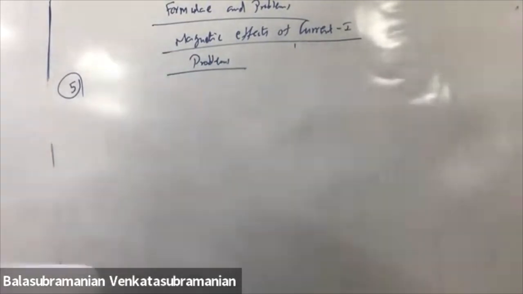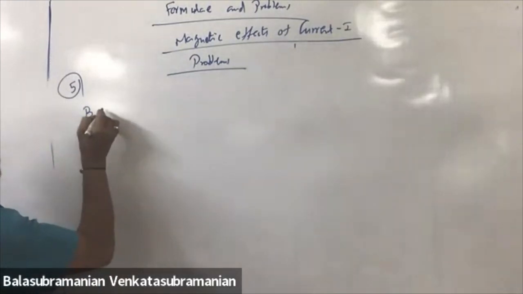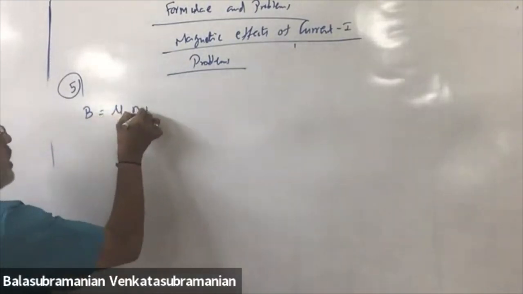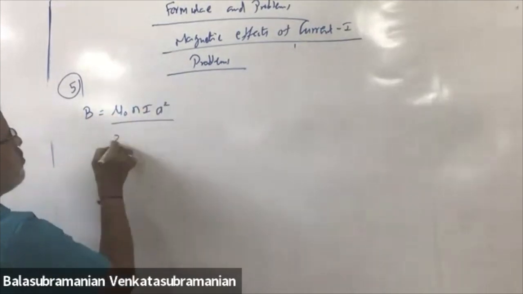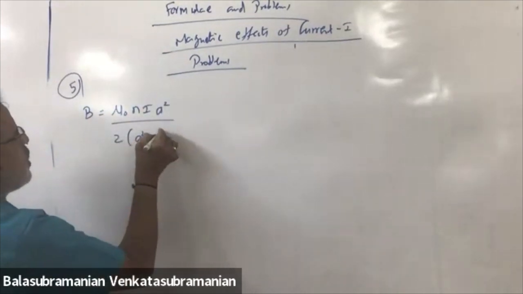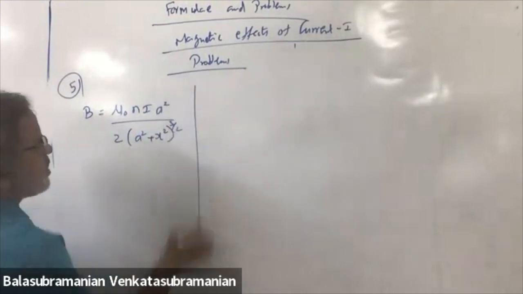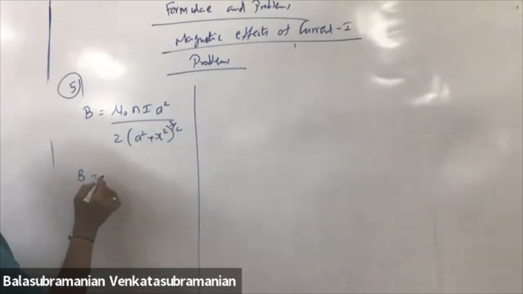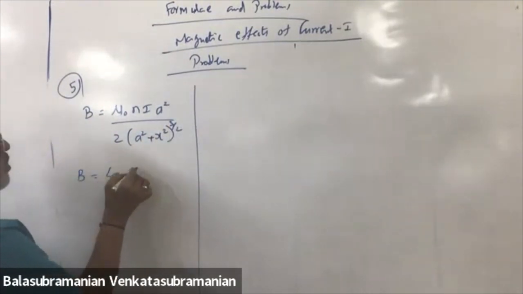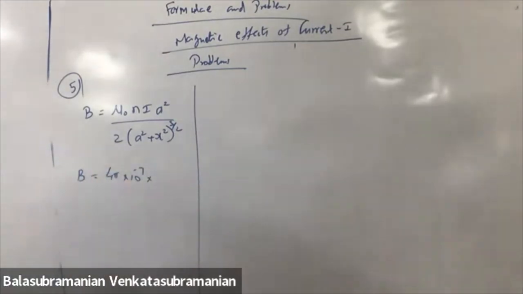So circular coil along the axis, B is equal to mu naught N I A square by 2 into (A square plus X square) whole power 3 by 2. Basic formula, 4 pi into 10 power minus 7. Number of turns 35 turns.